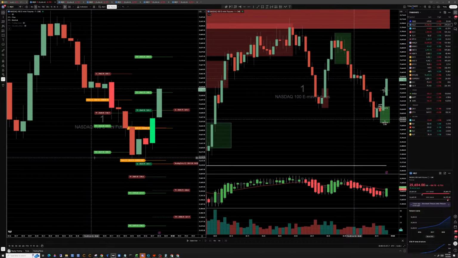Oh, and by the way, his TP is 0.5. I should have mentioned that. He's not even going 1-to-1. So there's so much room for improvement on that strategy. He's not even going for a 1-to-1 or a 1-to-2. All those trades that I just showed you there, that is 0.5.